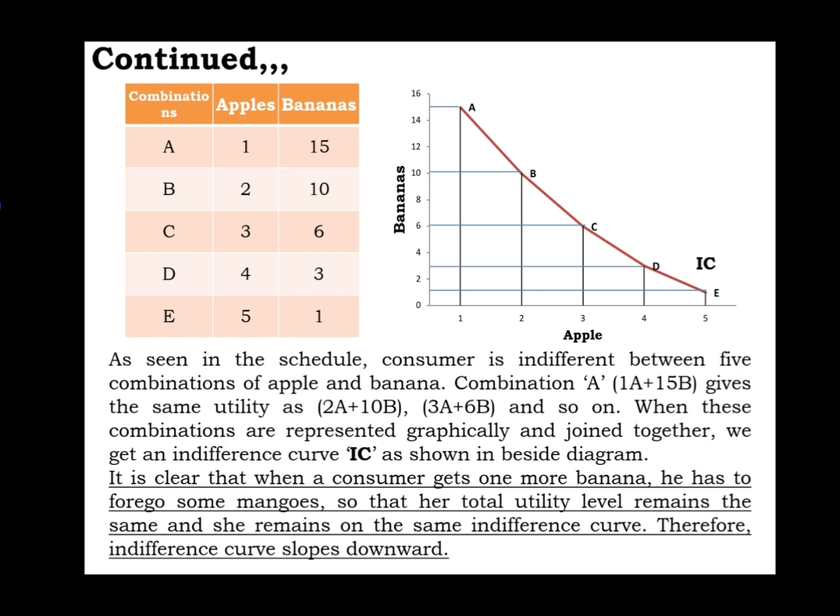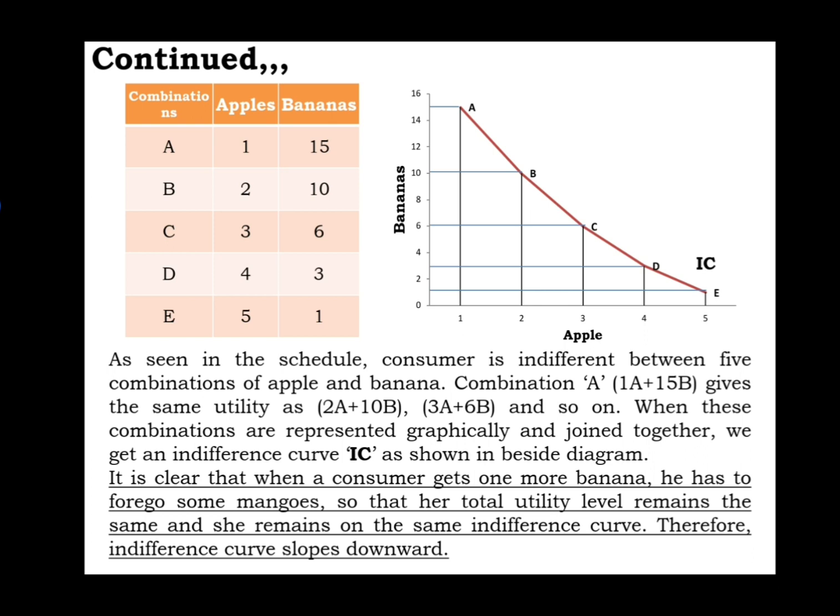See here I have used a schedule as well as a diagram. In that schedule we can find 5 combinations where that consumer can purchase the two goods. In all the 5 combinations we can find the same level of satisfaction.